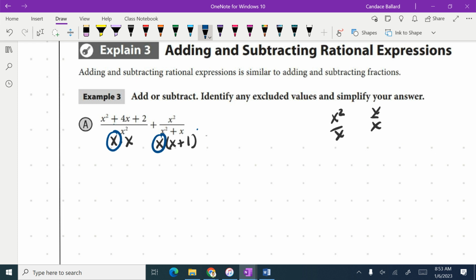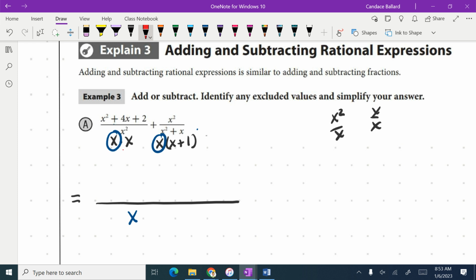Instead of writing LCD like we did yesterday, we're just going to write that in the denominator of our fraction on the next line. So I'm going to be adding those expressions together. I'm going to write a big fraction bar. Okay. And underneath it, I'm going to write an X because I get to write whatever I circled 1 time. All right. That's the only thing that matches.